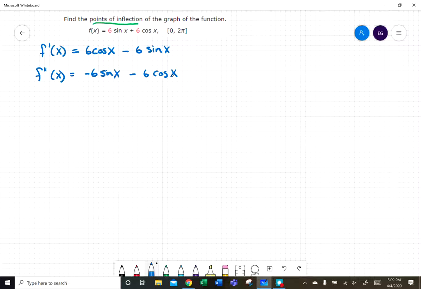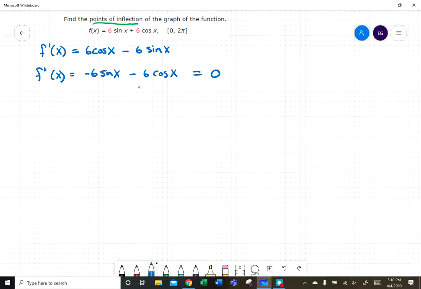Now, the graph of a function could change concavity where the second derivative is undefined, or when the second derivative is equal to 0. So let's go ahead and take the second derivative, set it equal to 0, and solve for x.